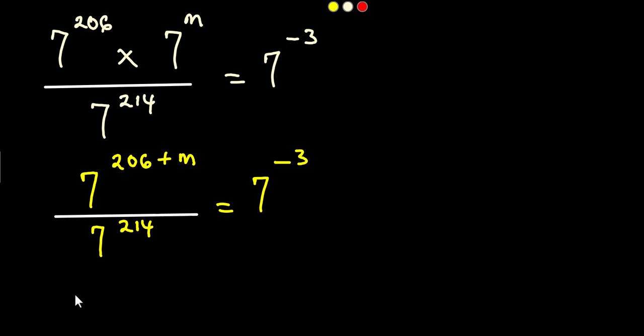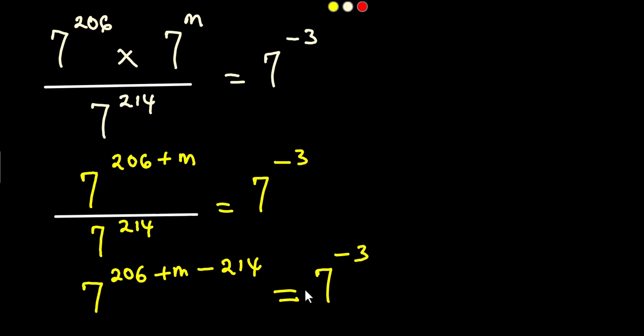So this is going to simplify to 7, and then of course you do 206 plus m. Now you subtract the power of the bottom number, which is minus 214, and you equate it to this expression on the right, which is 7 raised to the power minus 3. And I hope you're really understanding it.